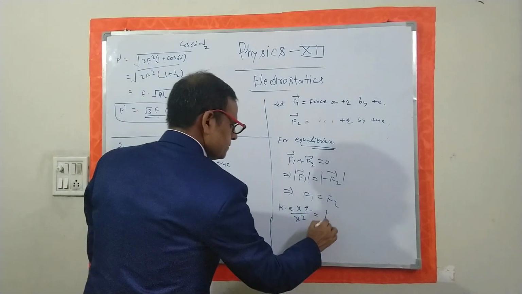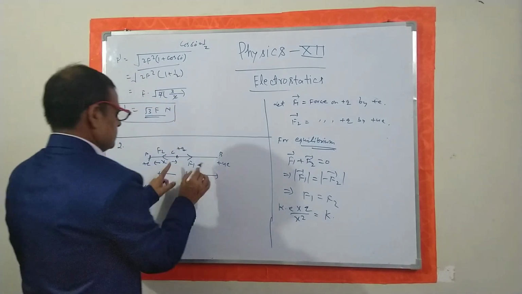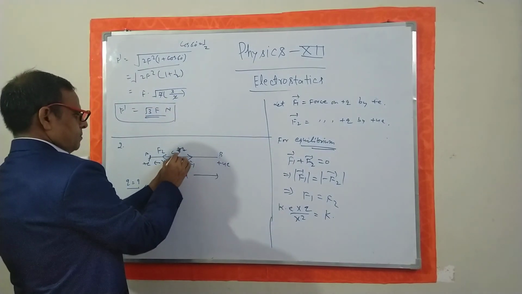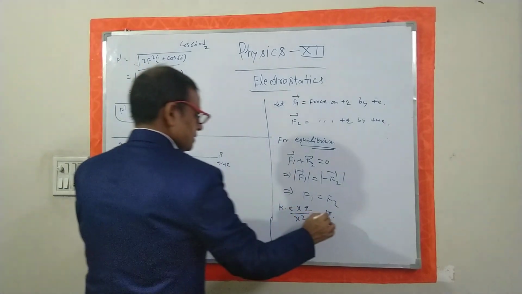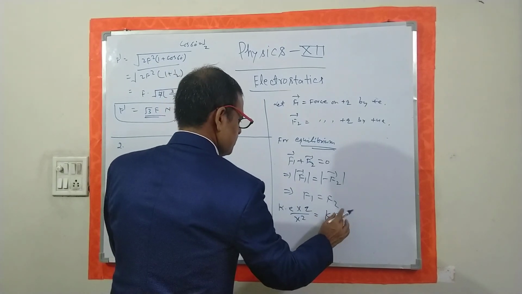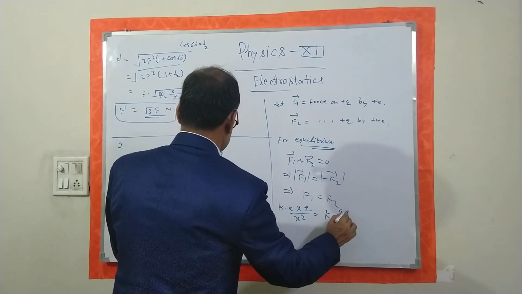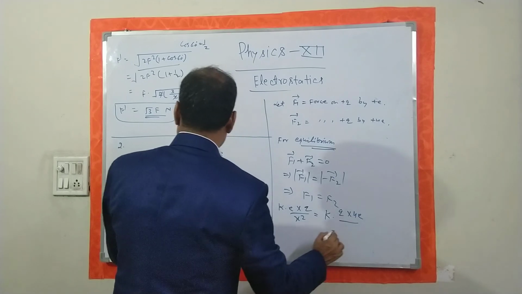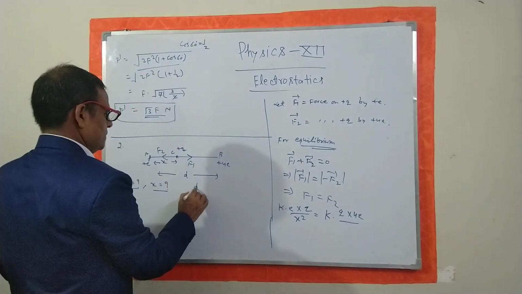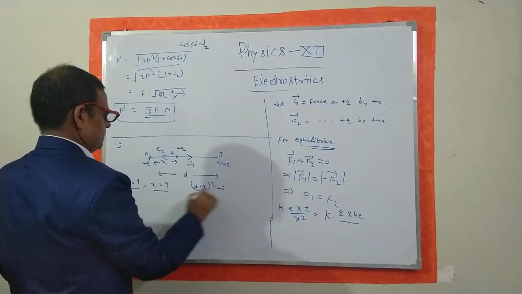Again F2 is K into the force on plus Q by plus 4E, that is Q into 4E by this distance, which will be D minus X whole square.